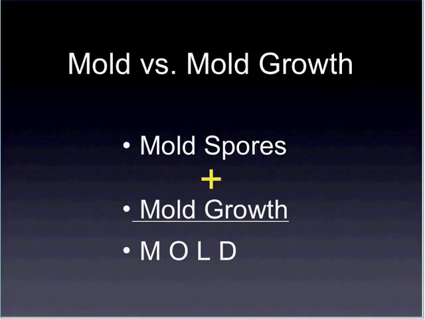And we're going to talk about this for a couple of minutes, because this is so important and is misused not only by folks in journalism and in the law, but also in many cases by so-called mold inspectors, and in some cases even by so-called experts. So the universe of everything we're talking about is mold, and most of that consists of mold spores and mold growth.